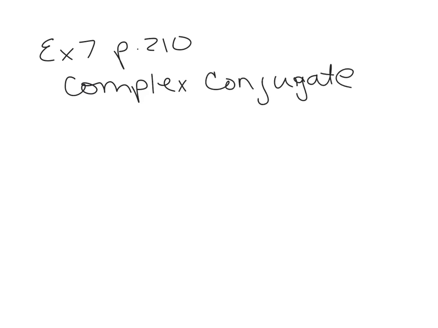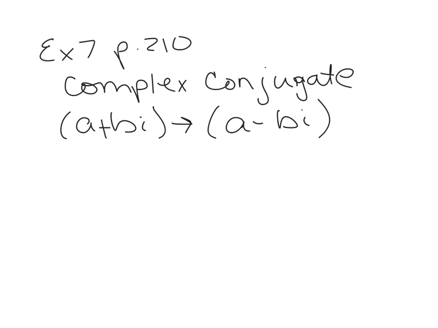And if you remember from a previous lesson, a conjugate is just a binomial that has the same terms with the opposite sign in the middle. So a complex conjugate of a plus bi would be a minus bi. And we use complex conjugates to get rid of complex numbers, the imaginary number, in the denominator of a fraction.